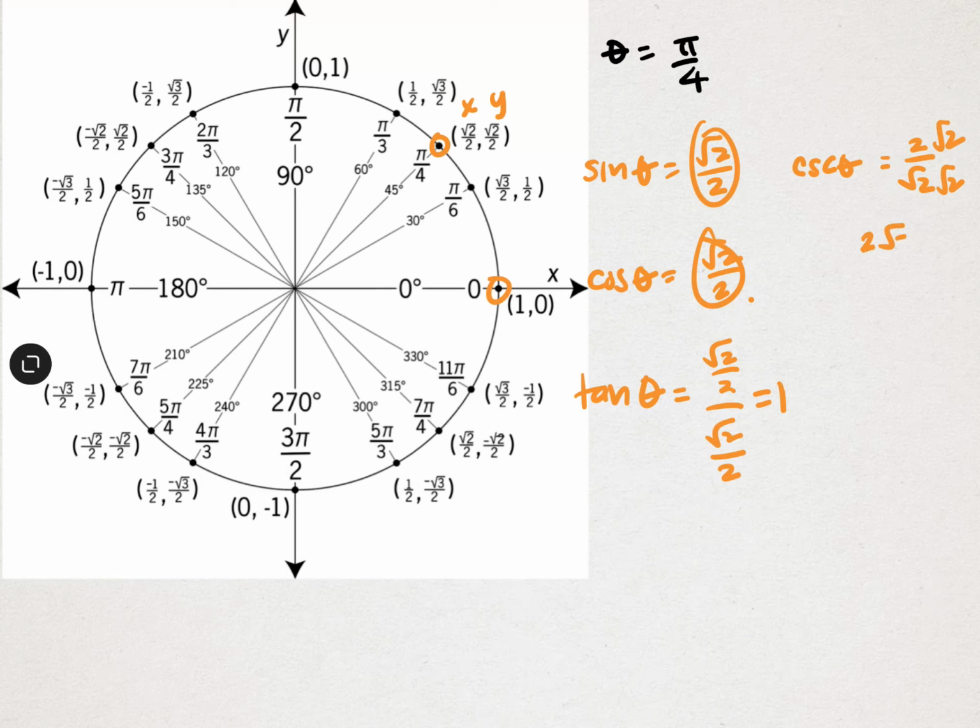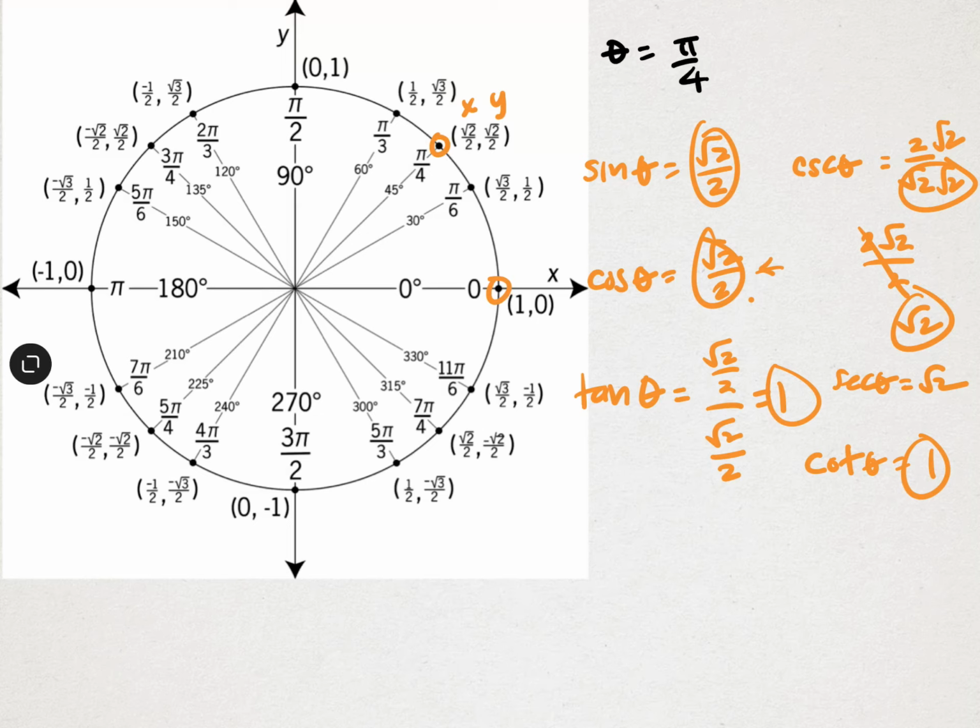So we get 2 square root 2 over the bottom part, square root 4 is just 2. They cancel, and that whole thing is just square root 2. Same thing happens with secant when we reciprocate. And then cotangent, the reciprocal of 1 is 1.